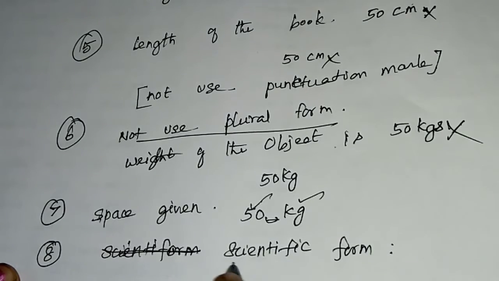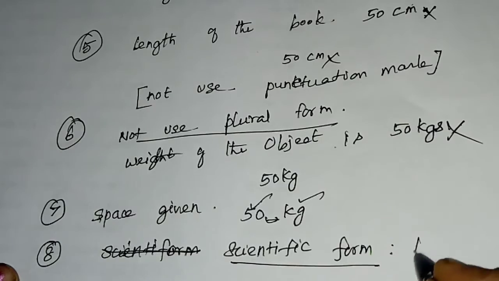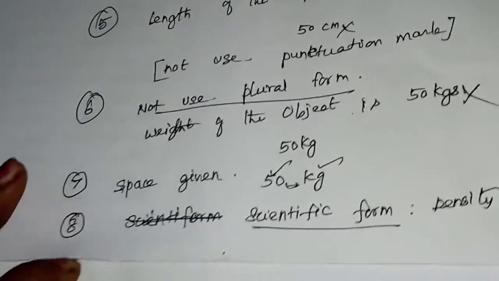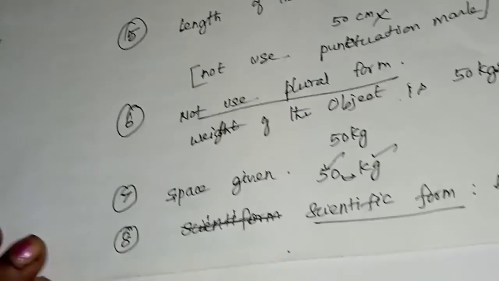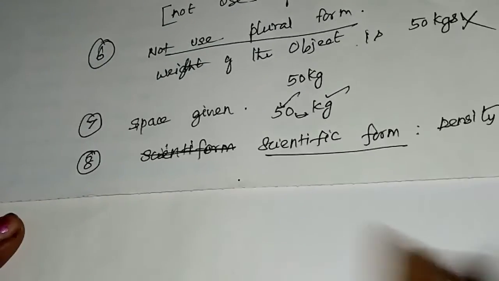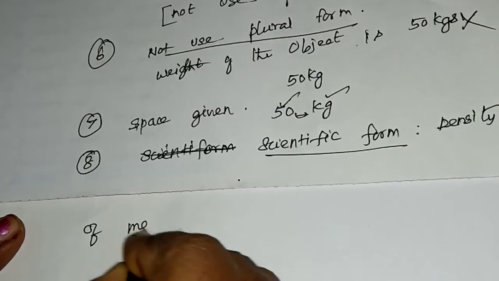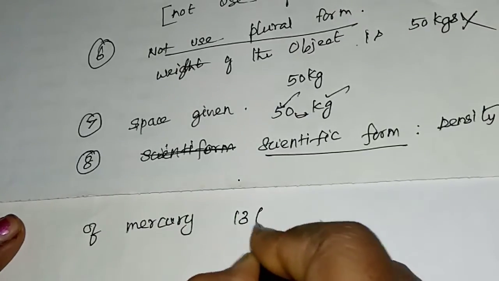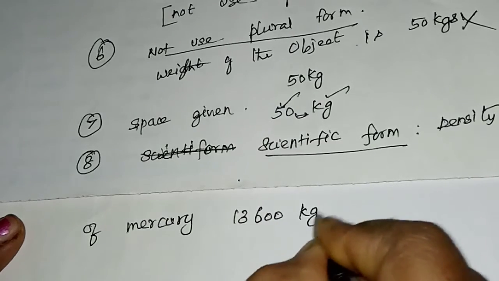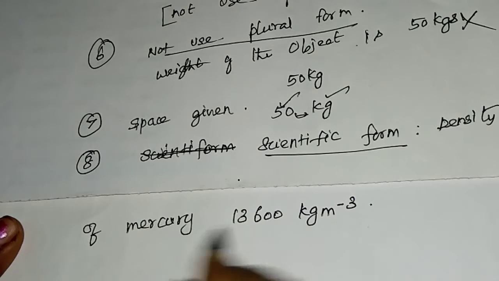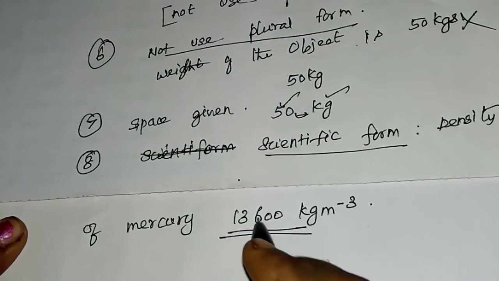What is scientific form? For example, the density of mercury is 13,600 kg m^-3. You should not write the value like this.